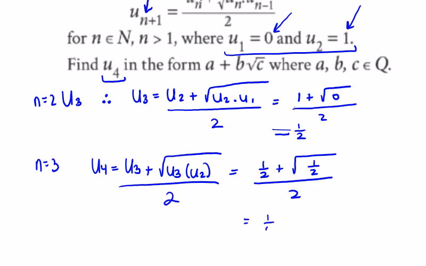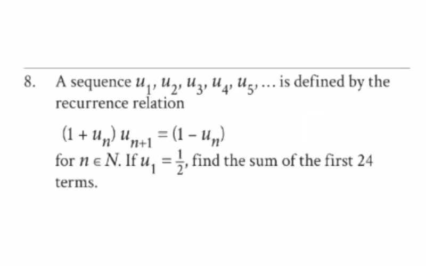And this comes out as a quarter plus a half times the square root of a half, which is the form they wanted. I think that's good enough. We don't have to simplify it any further. So it's number 7, and then number 8.